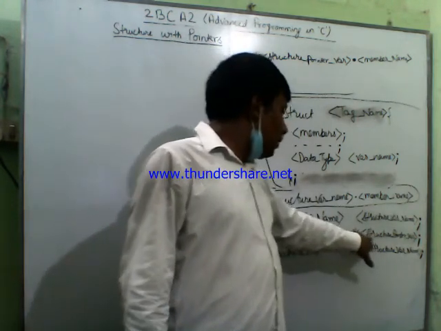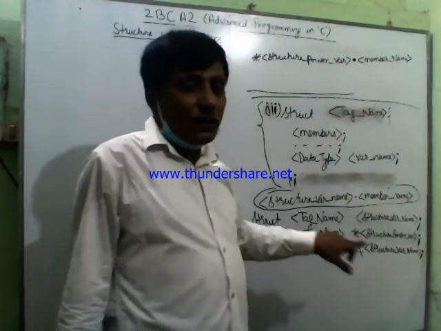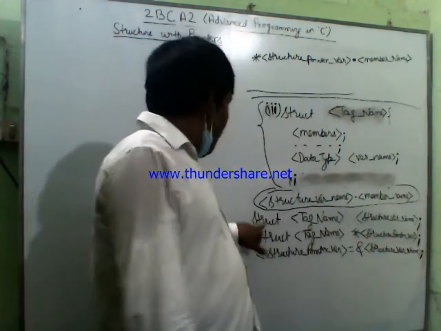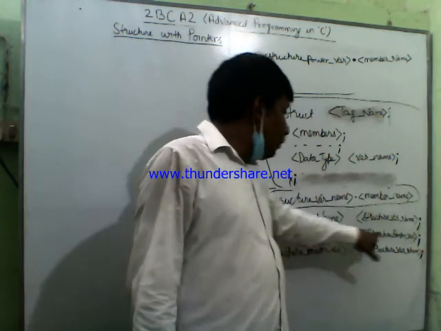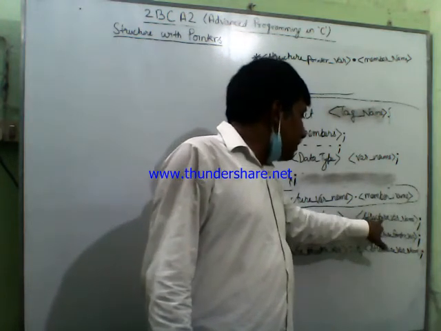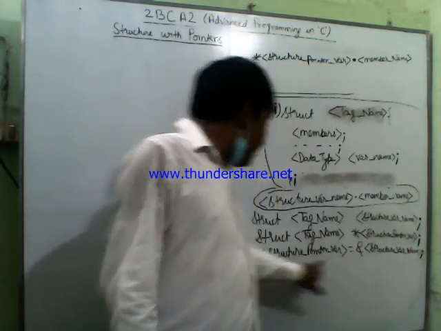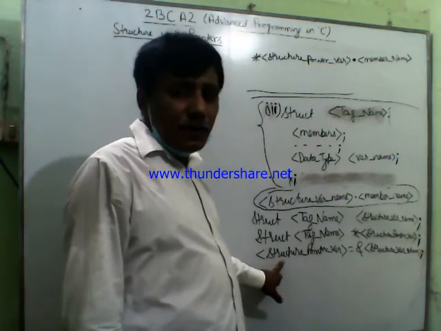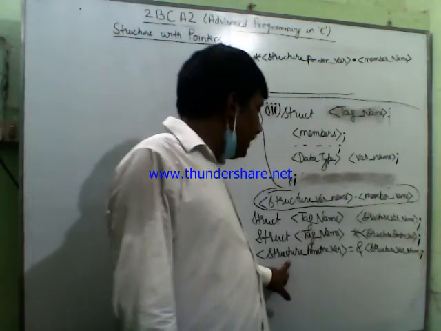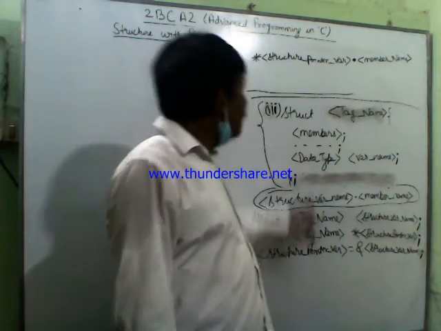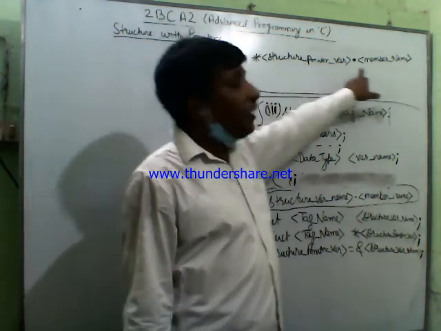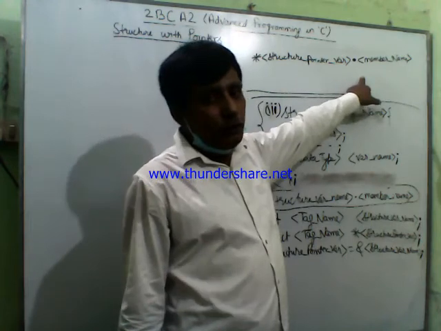You have to use this syntax to declare the structure pointer variable, and if you have to access the members of this structure variable whose address you have stored in a structure pointer variable, then you have to use this syntax that I have provided here on the board.